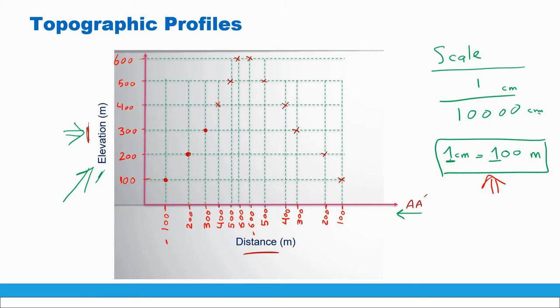Now once you've done that, you have to draw a smooth line to join all of these points. I will start from here, for example, going down, trying to make it as smooth as I can, and then on the other side, on the top here.